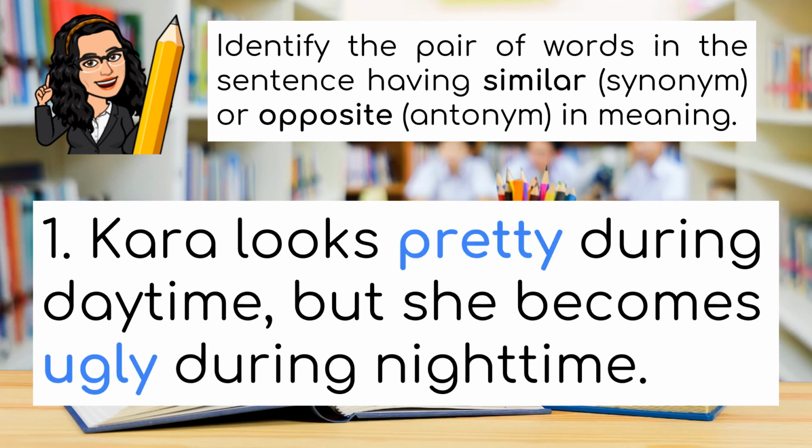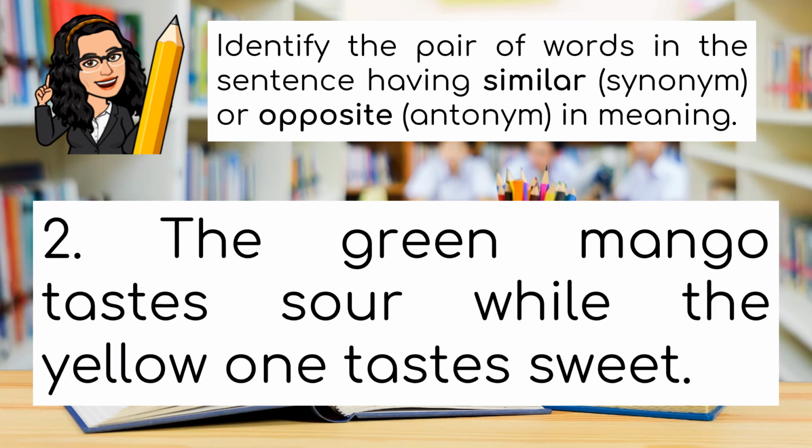The opposite words or antonym are pretty, ugly. Number 2. The green mango tastes sour, while the yellow one tastes sweet. The opposite words or antonym are sour and sweet.